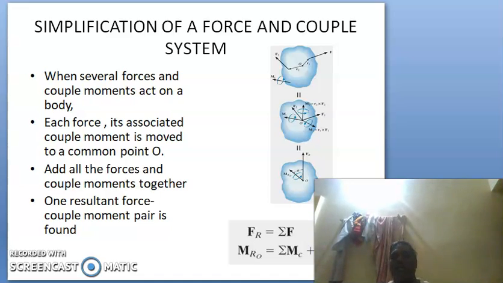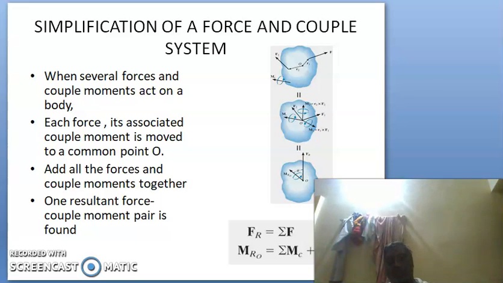As shown here in these figures at the right side, we have a lot of forces and a moment shown there. With all these forces in different directions, the couples are found out and the resultant force is found out, and finally in the third figure a single resultant moment and a single resultant force are obtained.